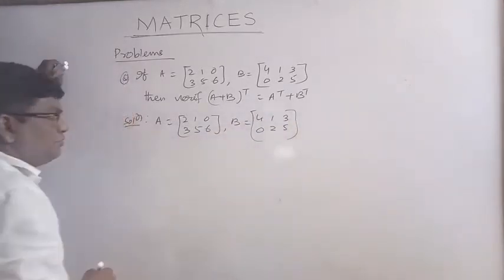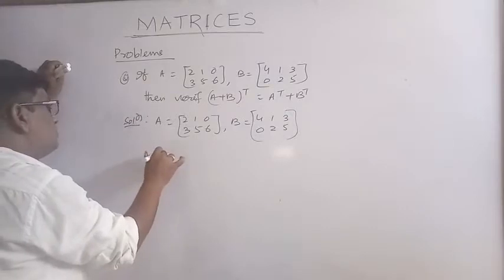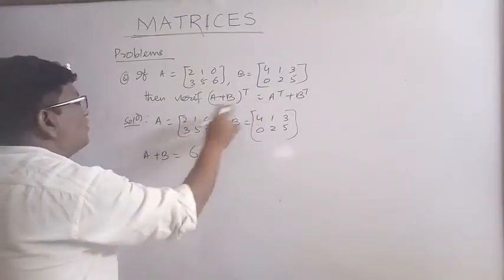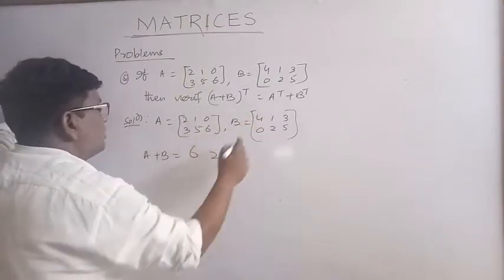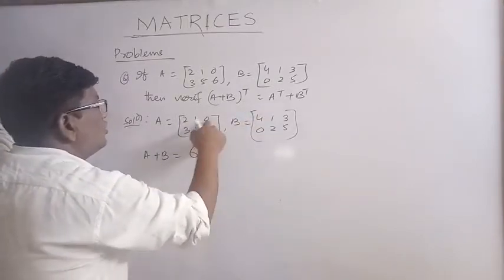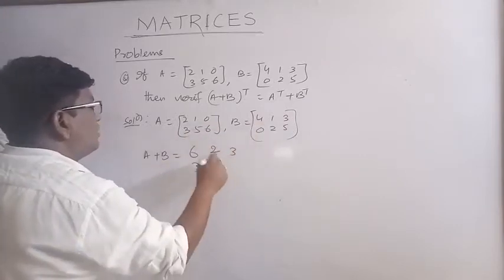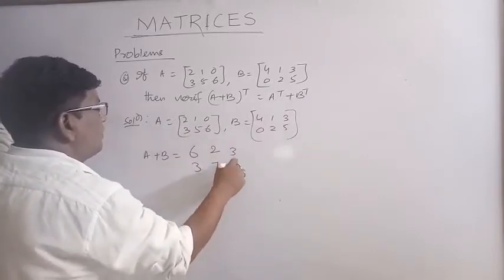Now find A plus B. A plus B is 2 plus 4 is 6, 1 plus 1 is 2, 0 plus 3 is 3, 3 plus 0 is 3, 5 plus 2 is 7, 6 plus 5 is 11.